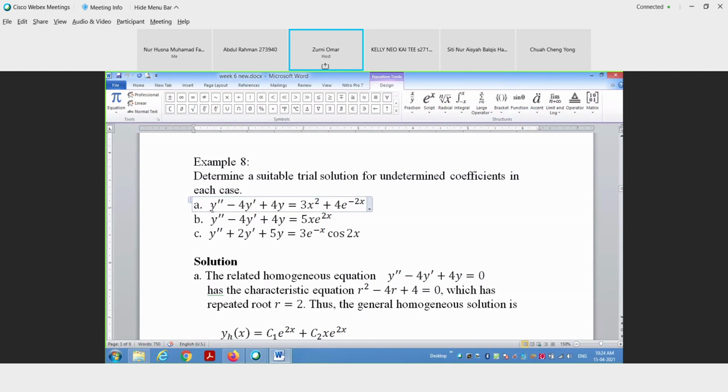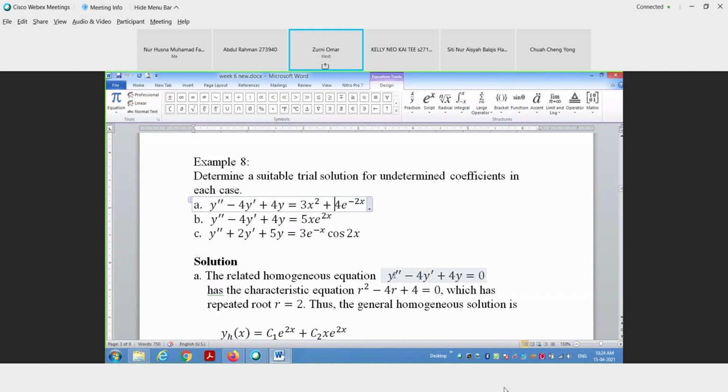First we need to find the solutions to the homogeneous equation, so y double prime minus 4y prime plus 4y equal to 0. We make the right hand side become 0, so you need to find yh. You have learned before how to find the solutions to these homogeneous equations.